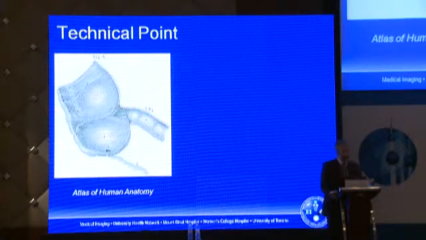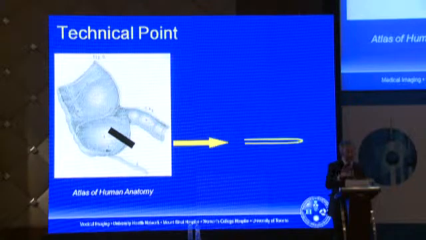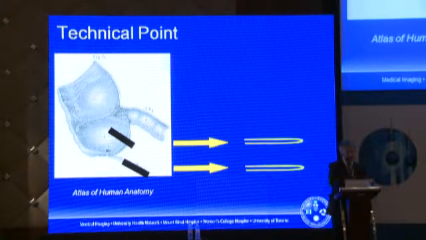Now, the reason you need to scan in transverse, I'll try and demonstrate here. If I scan the edge of that cecum, as I'm demonstrating, we'll get an image like the diagram on your right. It'll look like it could be an appendix in sagittal. And if I scan the appendix in sagittal, I'll get an identical image.